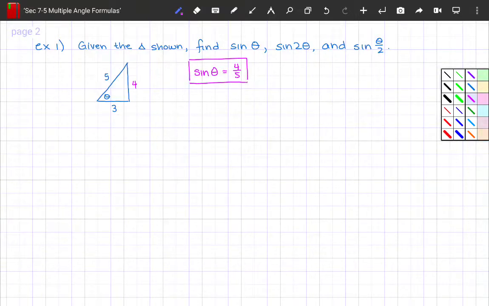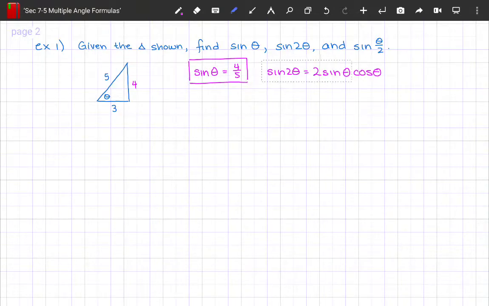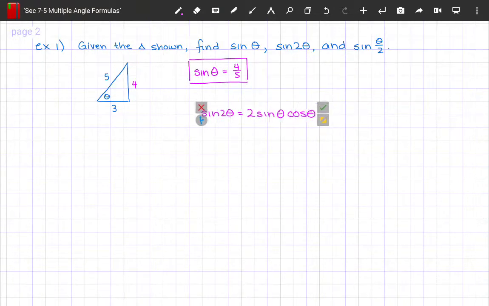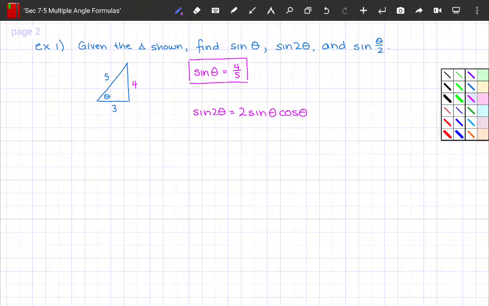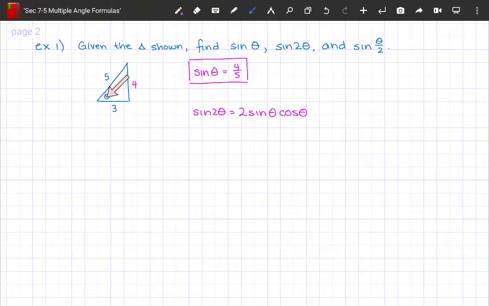All right. Now we know that sine of 2 theta, if you look at that formula that I gave you, is 2 sine theta cosine theta. I'm actually going to move this below. And now, because we were given theta, not 2 theta, we have to change it so that we are back in terms of theta.